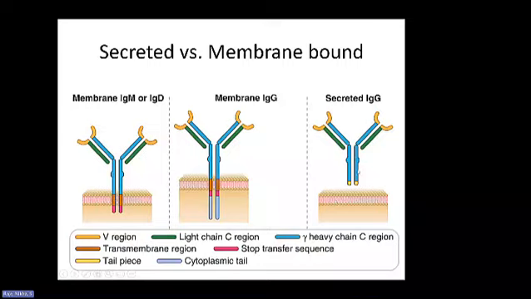So the secreted form of Ig has a very small tailpiece, versus the IgM, IgD have a longer tailpiece. Compared to that, the membrane IgG has a longer cytoplasmic tail.